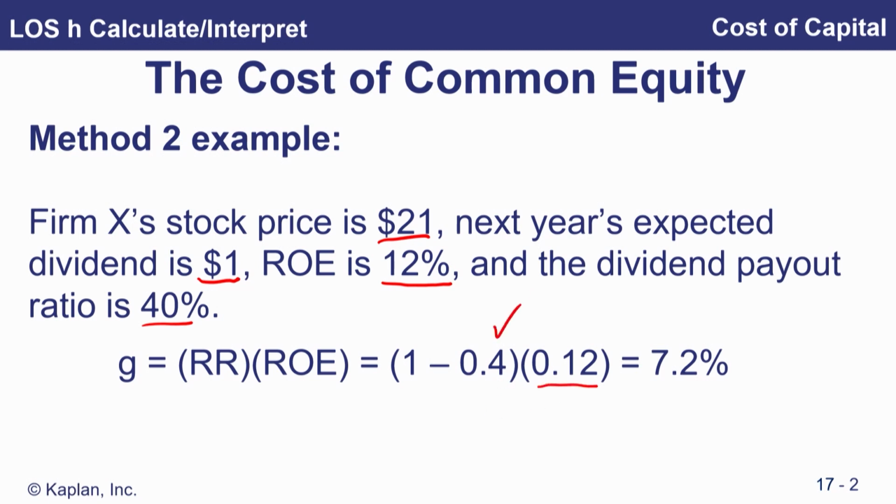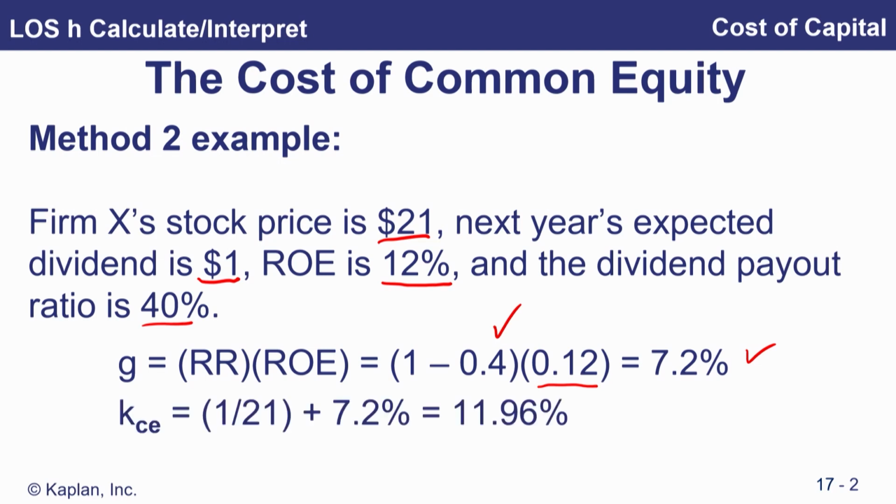We're paying out 40% of that, which would be 4.8%. That leaves us with 7.2% to reinvest in the company for growth. Given that growth rate, we just take our D1 over P0 plus G, and there is our estimate of our required return on common equity.